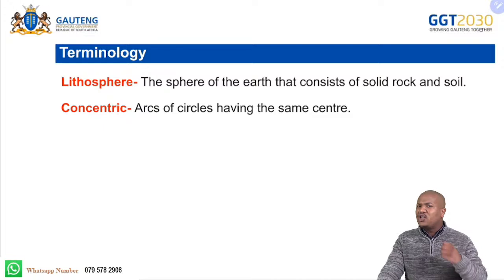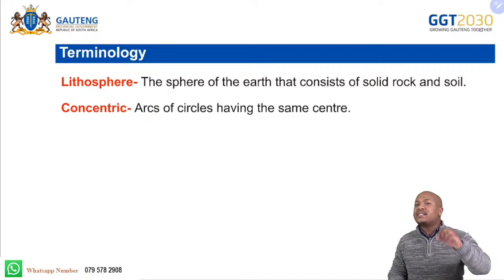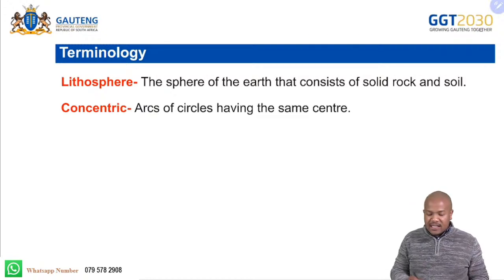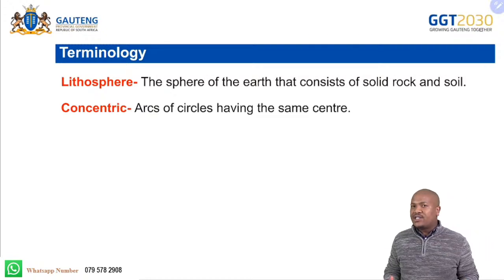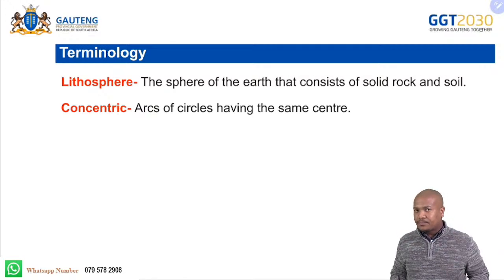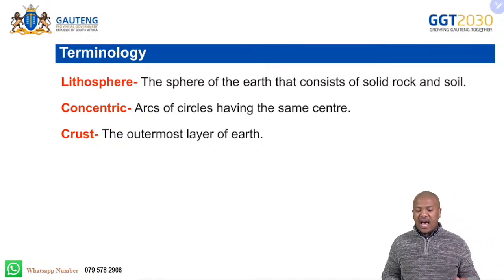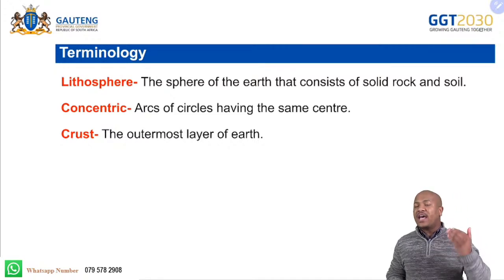What does it mean to be concentric? It means arcs of circles having the same center. Hence, concentric: they share the same center. Also, we have the crust, which is the outermost layer of the Earth's surface.